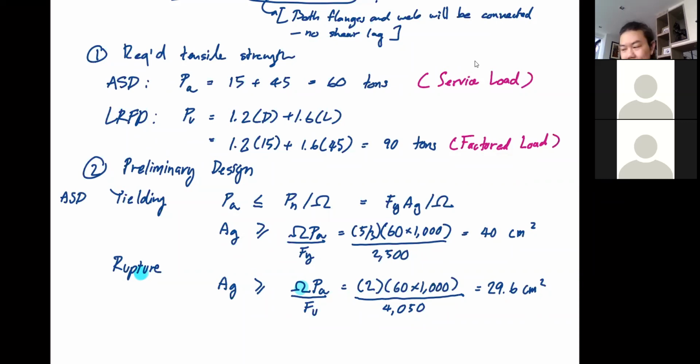A second thing I'd like you to notice is how the factor of safety reduces the strength of your section. When you move the factor of safety in trying to solve the equation, see how it increased the load now? Because the old concept of ASD is about factor of safety.